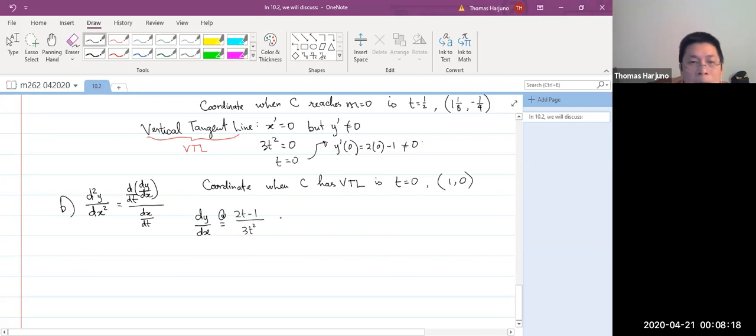Now then, what is the derivative of dy dx with respect to t? When we do quotient rule, right? Quotient rule will be the denominator squared. The numerator, we have the derivative of the top times the denominator minus the top times the derivative of the denominator.